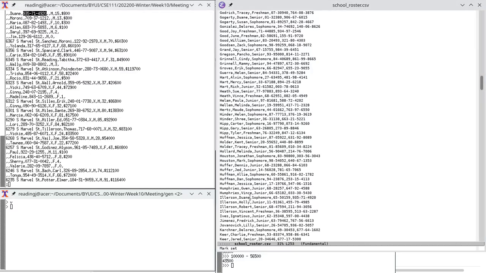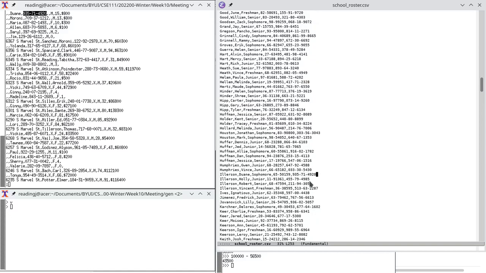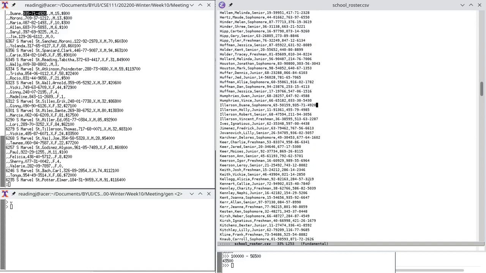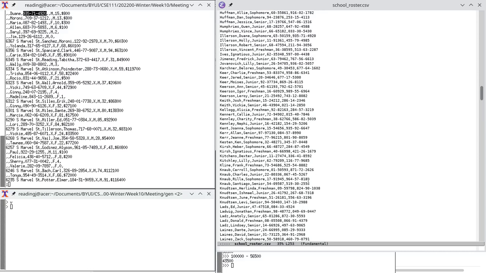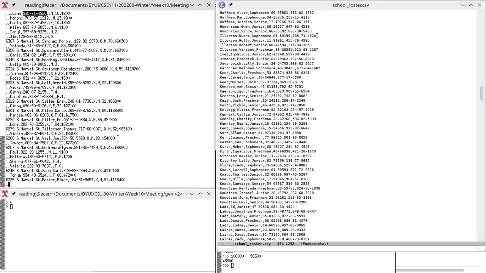That's Dwayne. I don't see Holly. Do I see Robert? Nope. Do I see Vincent? Nope. So all the other Illersons are in a different family. Let's look for Knudsen. Like I say, these names get used over and over again, so there's no guarantee that any given one is unique.